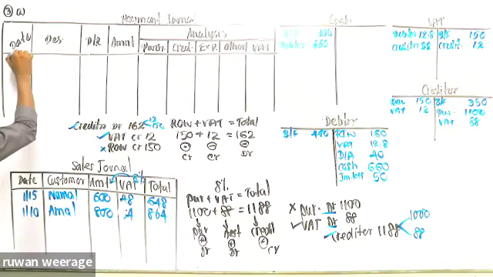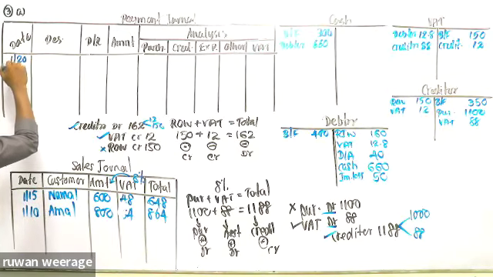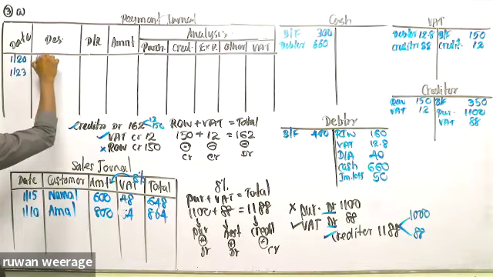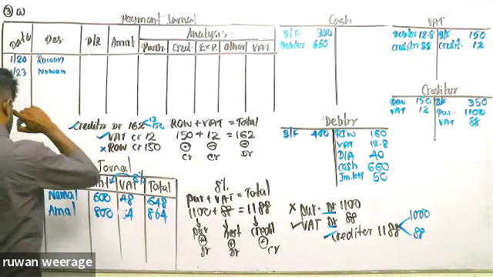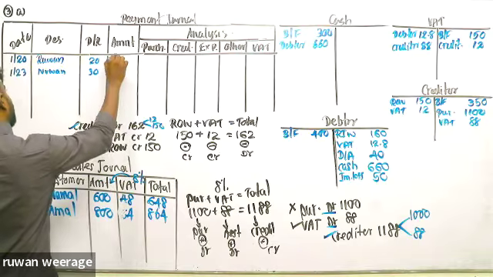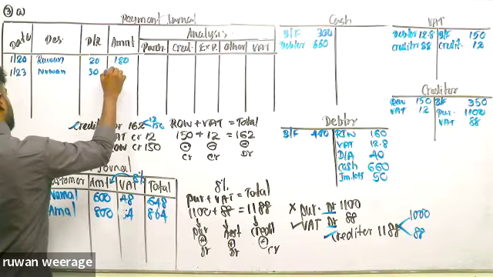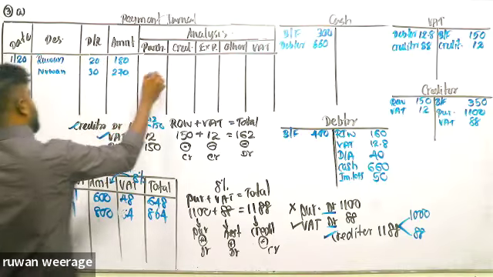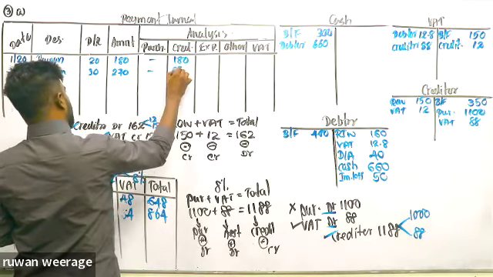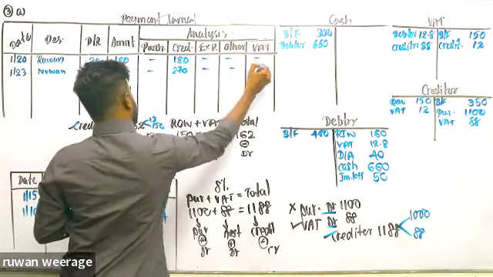January 20th, January 23rd. What's the discount received? 20 and 30. Paid amount 180, 270. Make separate double entry record. You have to prepare for a total, sir.